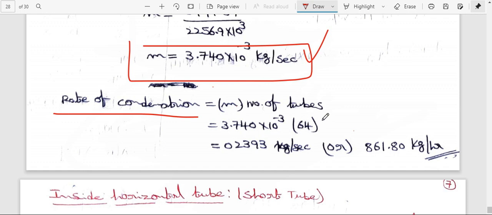Total number of tubes means 64, so the rate of condensation is 0.2393 kg per second. We have to change it to kg per hour, so multiplying by 3600, the rate of condensation M is 961.80.